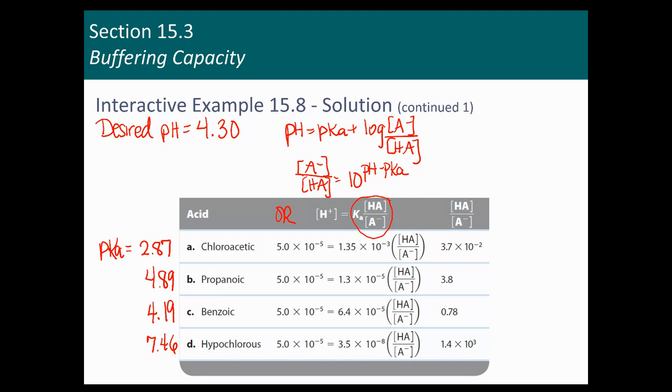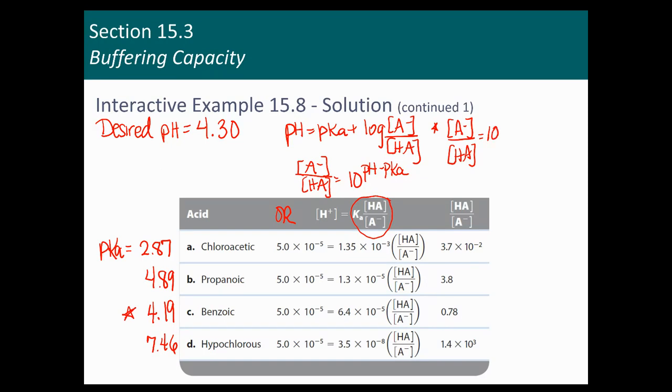I personally believe Henderson-Hasselbalch is much easier. So if I go through and find the ratio of A minus to HA for each of these, I'll do the first one. Actually, let me look at the benzoic acid one. So I'm going to star this to be this guy here.